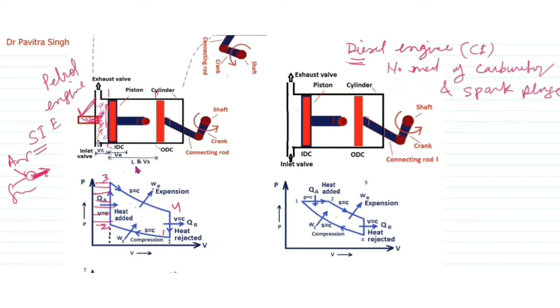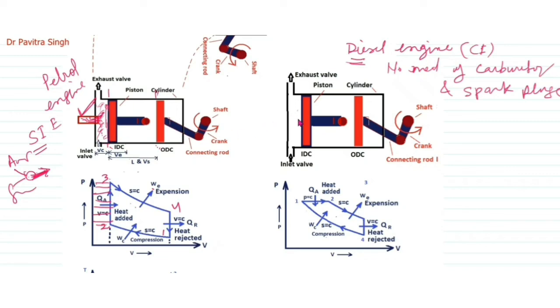Here you can see the heat addition in case of the petrol engine takes place at a fixed position of the piston at IDC or TDC, meaning the volume is not changing but the pressure increases, and it is due to the combustion of the air and fuel mixture because air and fuel both are injected initially.